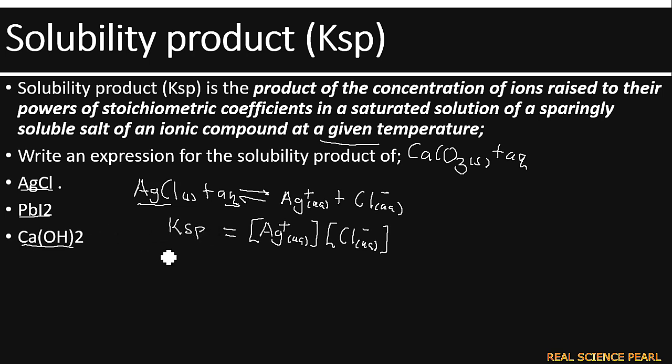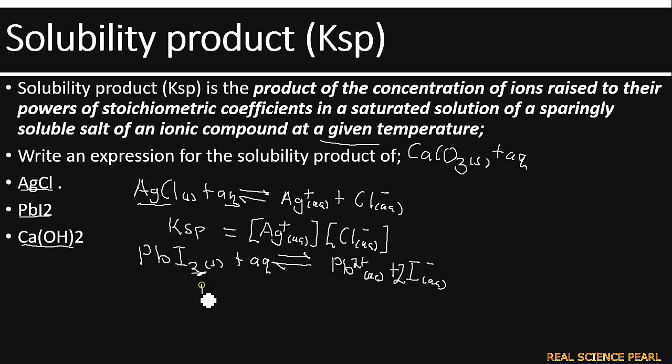Maybe this is very easy. Let's write lead(II) iodide, solid, plus water. It's going to give us lead(II) ions plus the iodide ions. But when you look at this, we are seeing 2 iodide, meaning we shall balance them with a 2.